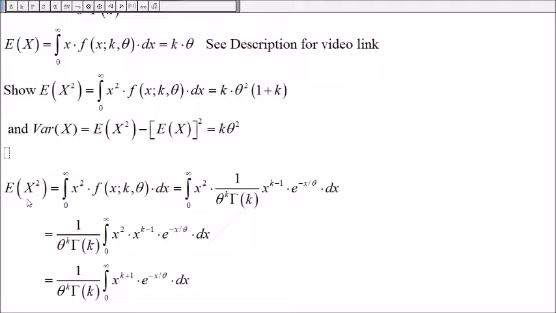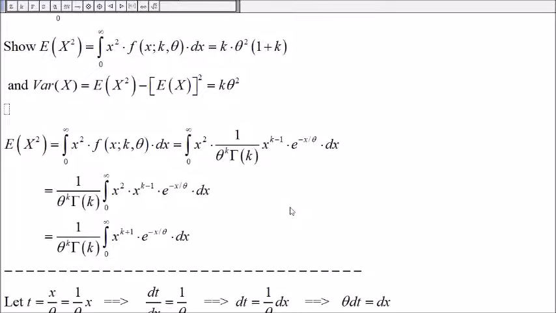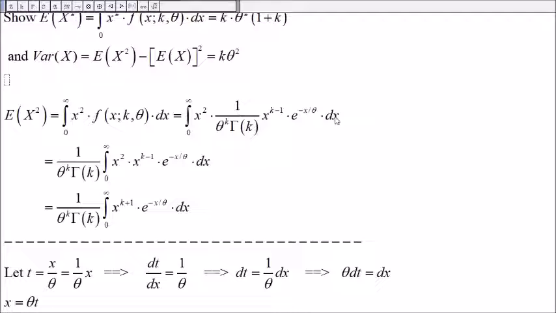So the expected value of x squared will be the integral from 0 to infinity with the integrand x squared times f of x. And f of x is just the gamma PDF. This integral is with respect to x. In this expression here, there's no x, so it is considered a multiplication constant, so we can move it and place it in front of the integral.